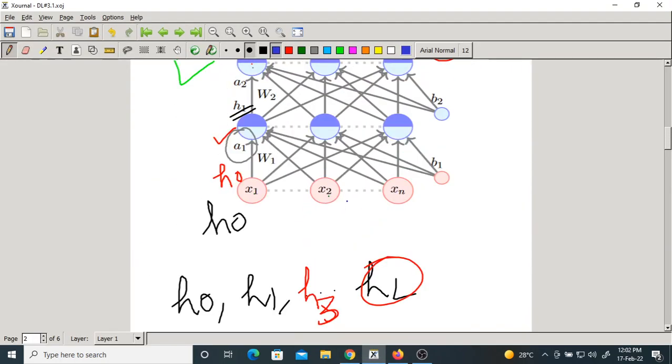So from this diagram, what is A1? A1 equal to B1 (bias) plus W1 into x. But what is x? It is the same as h0.